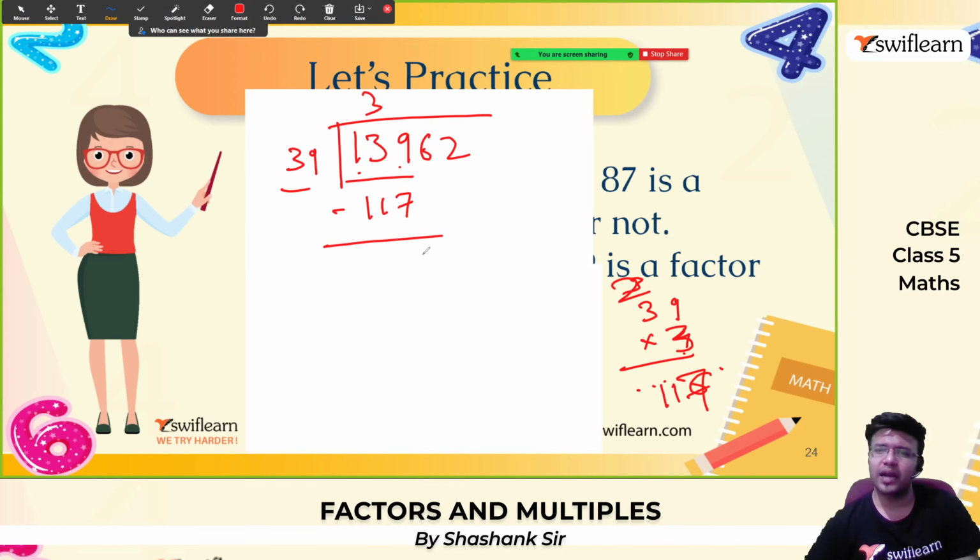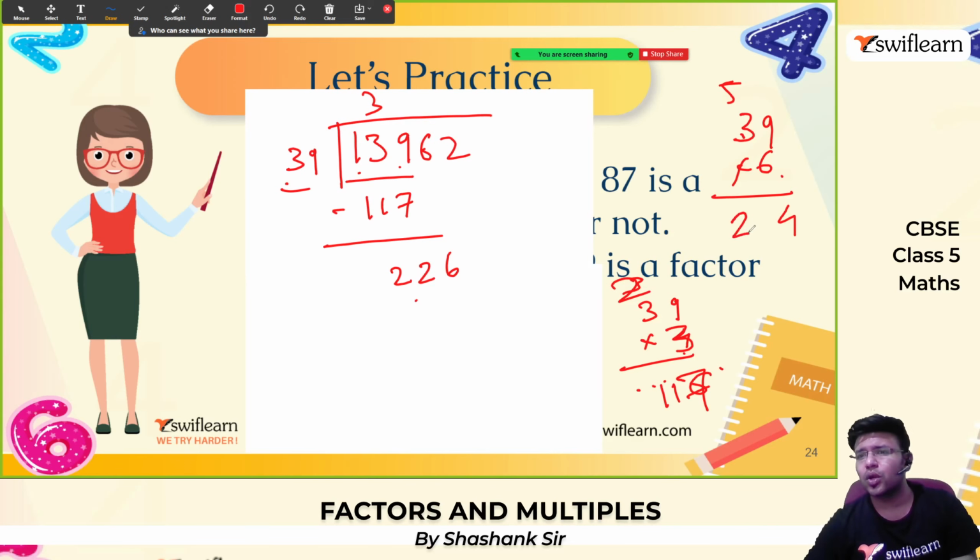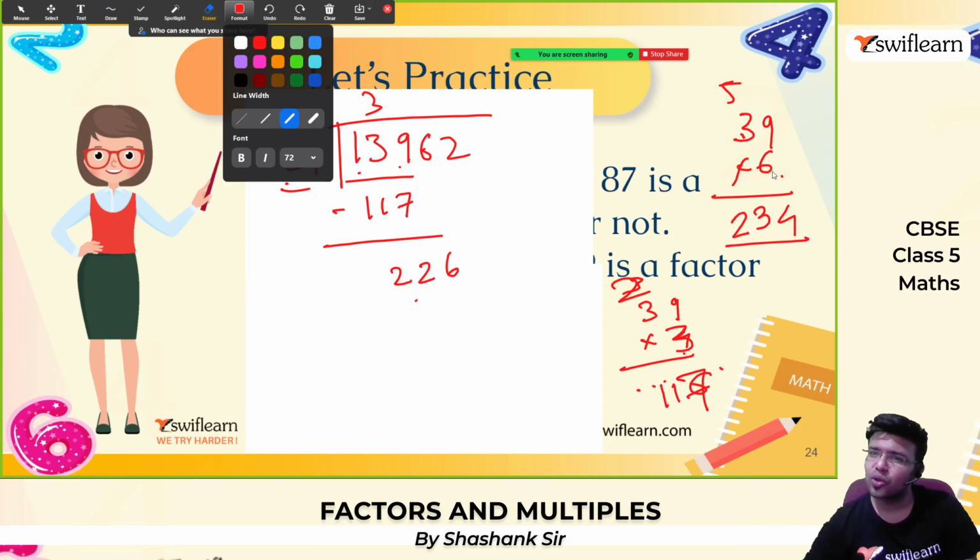Okay, subtract it, you get 22. Take the next number down, and check 39 with 22. Check with 6. 6 nines are 54, 6 threes are 18, 18 plus 5 is 23. So 39 into 6 is also big.